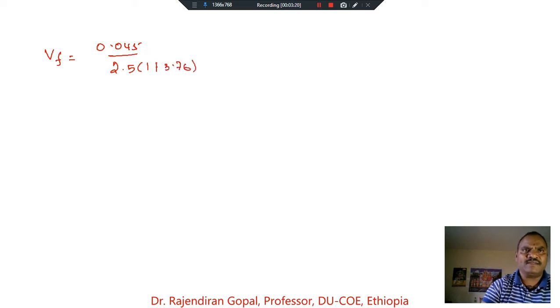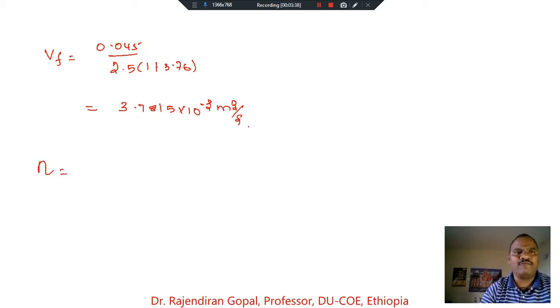Then this volume of the fuel is equal to 0.045 over the air fuel ratio 2.5 multiplied by 1 plus 3.76, that is equal to 3.7815 multiplied by 10 to the power minus 3 meter cube per second.